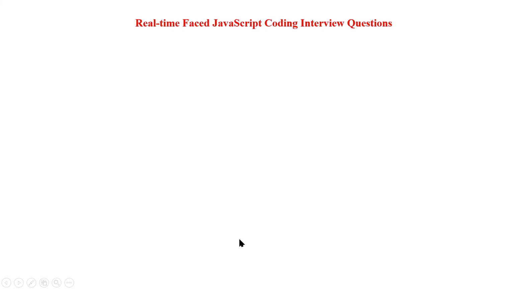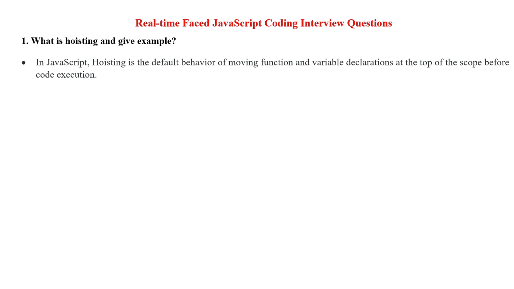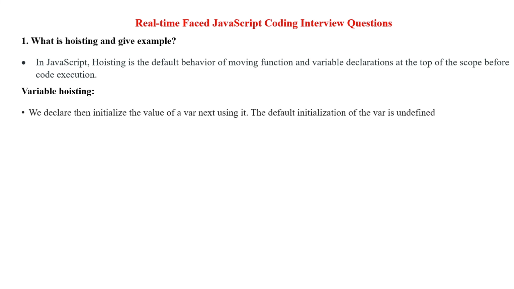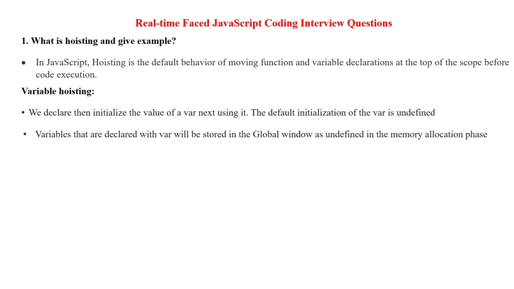Here we take a quick revision. If an interviewer asks, what is hoisting, and give an example, we can answer like this. In JavaScript, hoisting is the default behavior of moving function and variable declarations to the top of the scope before code execution. In variable hoisting, we declare, then initialize the value of the var, then use it. The default initialization of var is undefined.